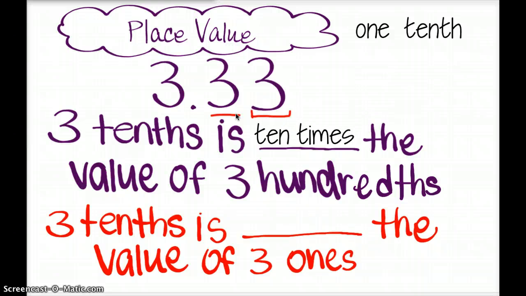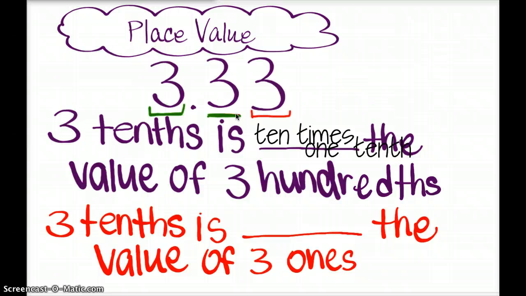So you should have put 10 times here. But if we were looking at tenths and ones, what's bigger, ones or tenths? Ones, right? So 3/10 is only 1/10 the value of 3 ones. So you have to think about which is bigger and which is smaller.